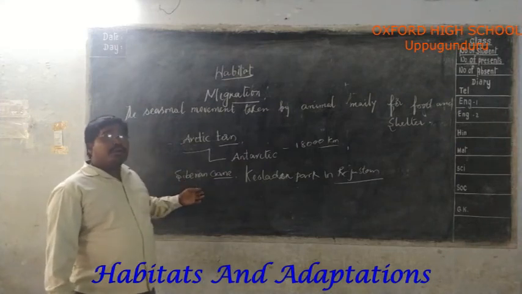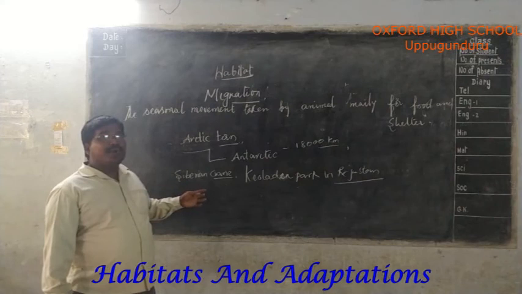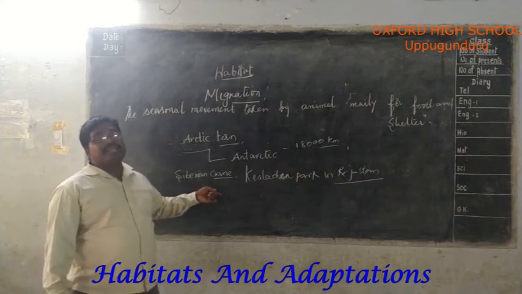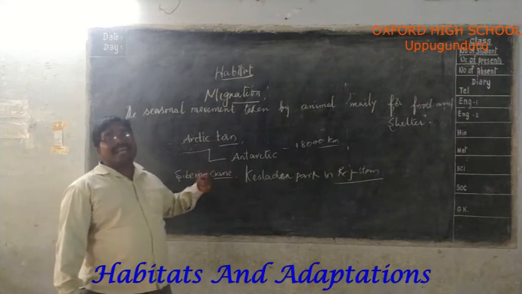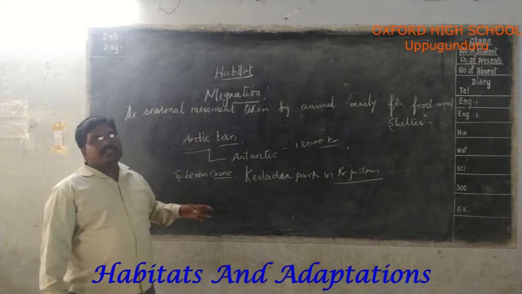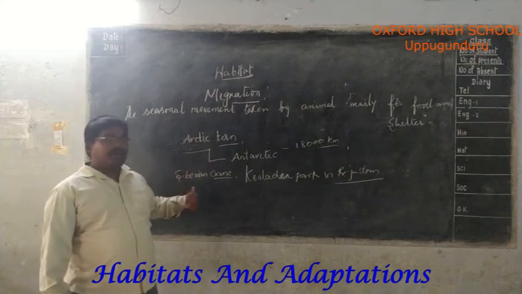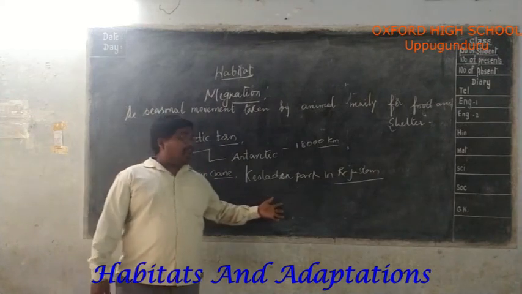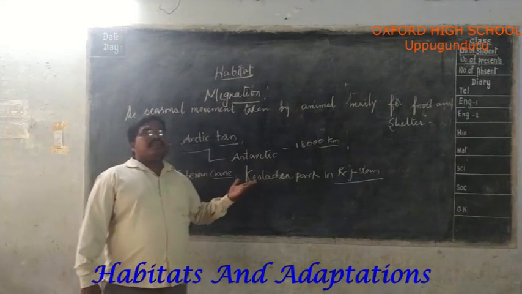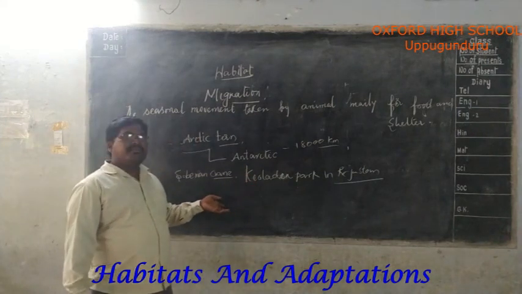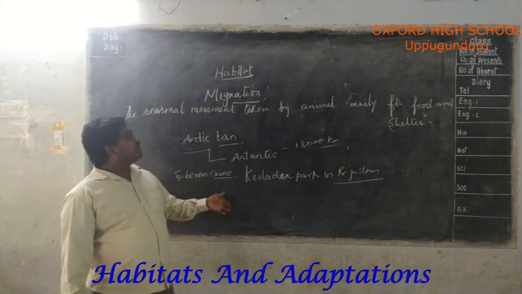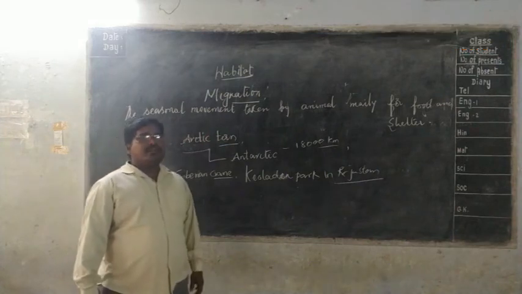Wild beasts also migrate in search of rain and grass in the forests from one place to another. Turtles also migrate to faraway places for laying eggs and hatching them. So this is migration. Okay, students, you understand? Thank you.